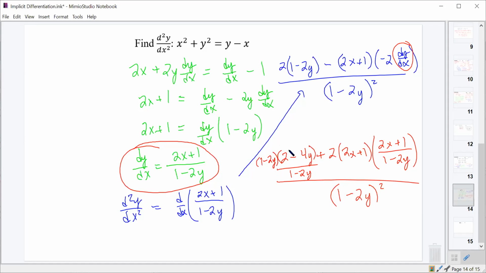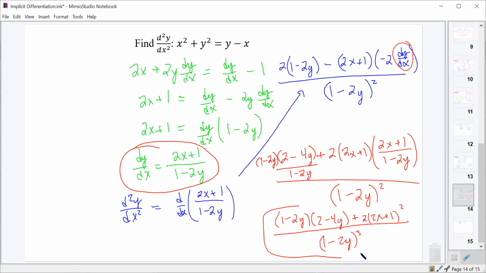Which would give us, in this case, 1 minus 2y times 2 minus 4y plus 2 times 2x plus 1 squared all over 1 minus 2y cubed. So either of those answers would be fine. I would accept either one of those. Or you could even distribute out the whole numerator if you wanted to. That seems unnecessary though. Everybody okay with that? Any questions with that?